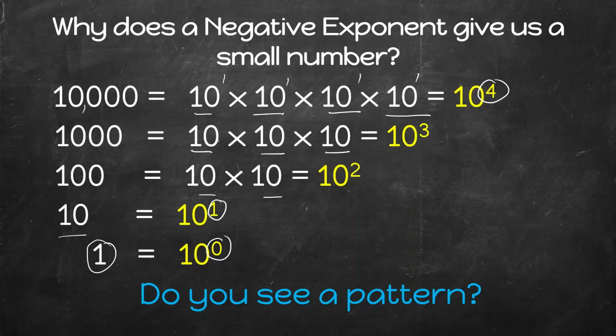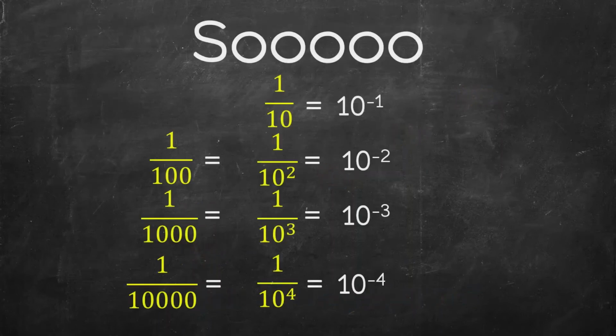So, nakakita na kayo ng pattern ngayon. So, basically, if 1 is simply equal to 10 raised to 0, yung 10 raised to negative 1 natin will become 1 over 10. Why?